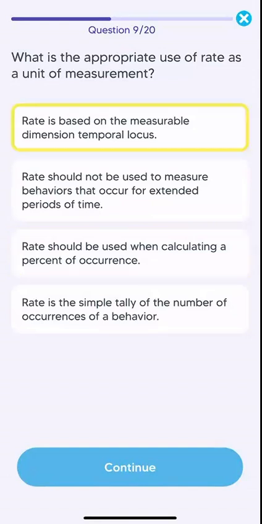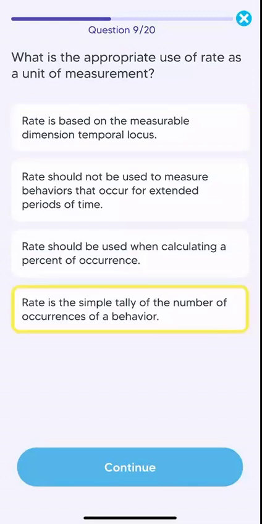What's your answer? I feel the last one. Rate is based on the measurable dimension temporal locus. Dimension of temporal locus is nothing but... Rate is a simple tally of the number of occurrences of a behavior, but there is no time here.